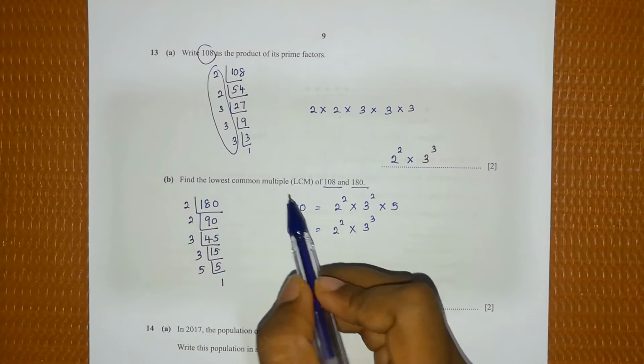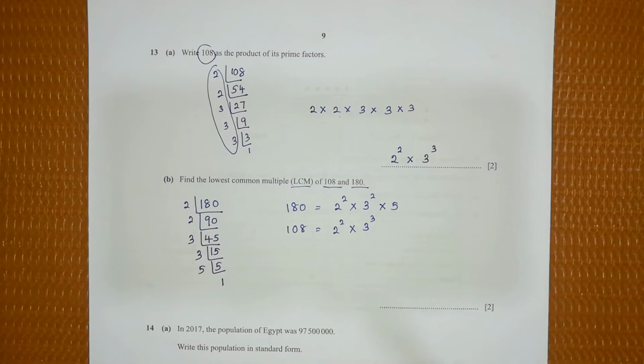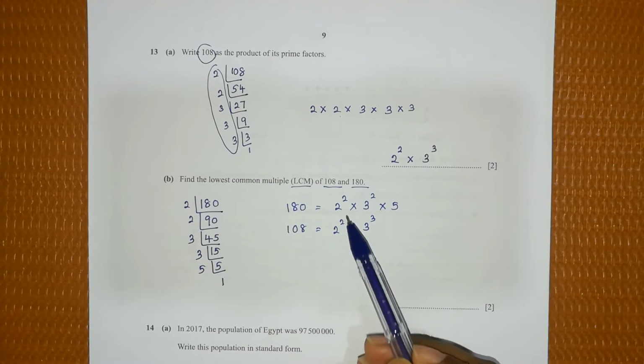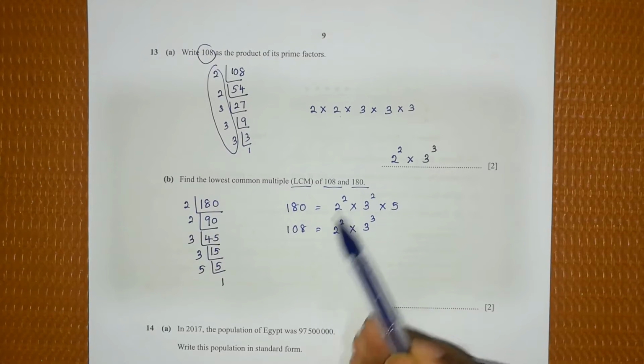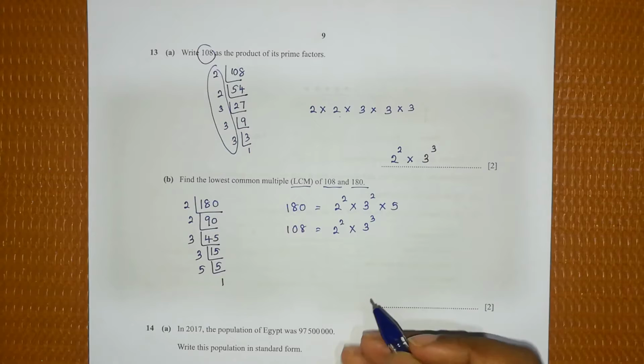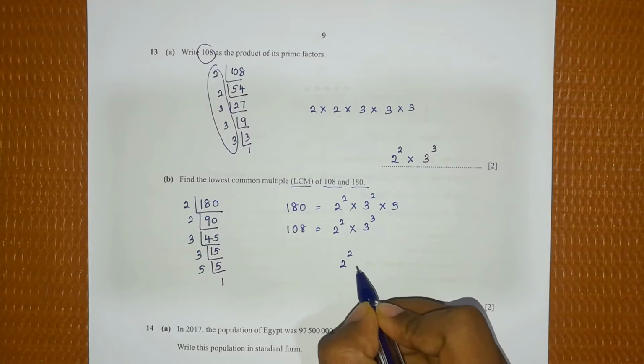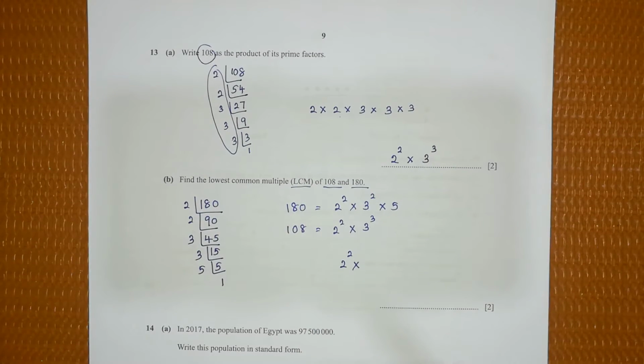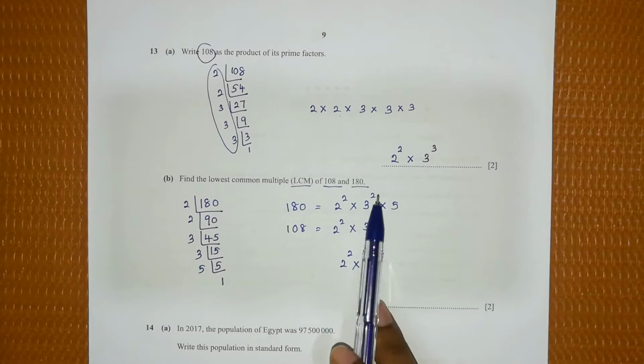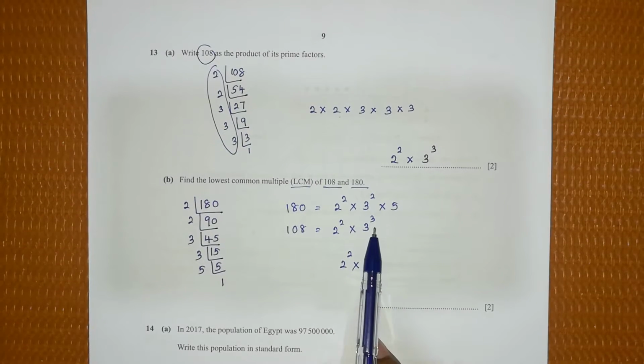So when we have to find the LCM, we consider the highest power of each number. So when we consider 2, both have the same power, 2. So 2 to the power 2. Then when we consider 3, this has 3 to the power 2 and this has 3 to the power 3.